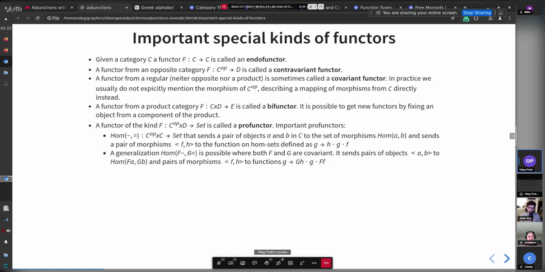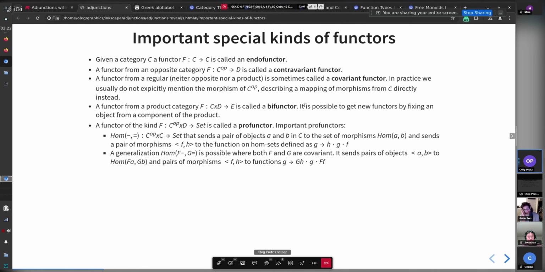So if you generalize this and add covariant functors here, you get these images of objects and these images of morphisms. You see, here, before using the composition, we mapped the morphisms with functors G and F.